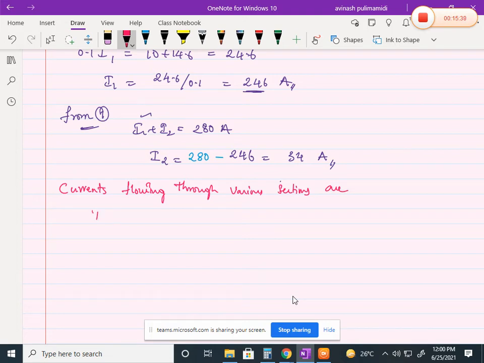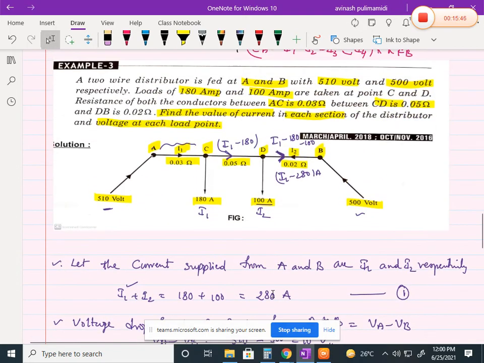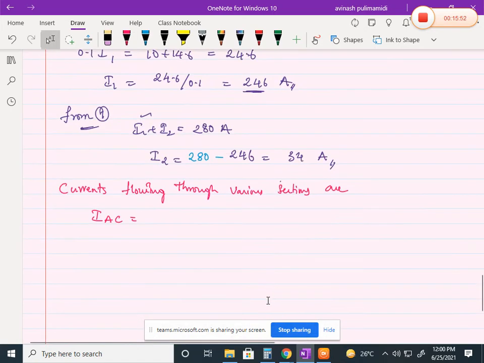First one, IAC. In the AC section, what is the current flowing here? I1. What is the value of I1? 246 amperes.